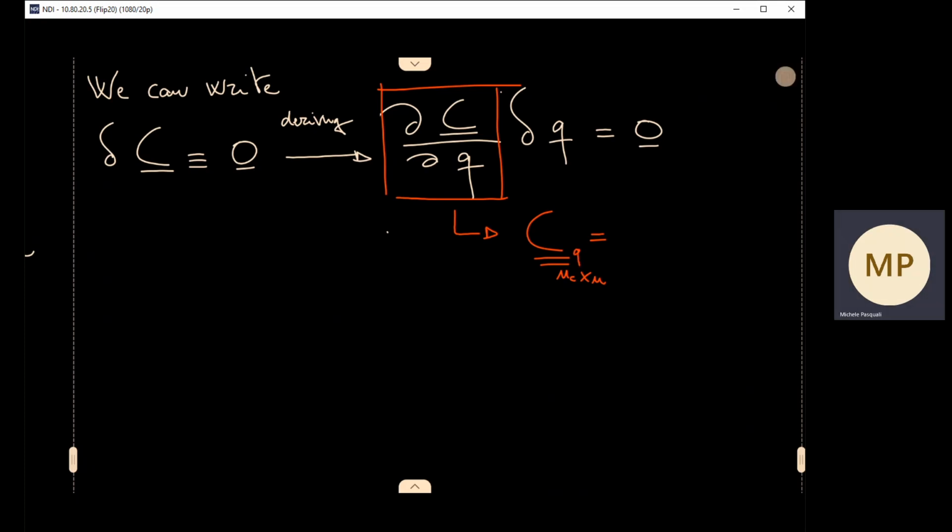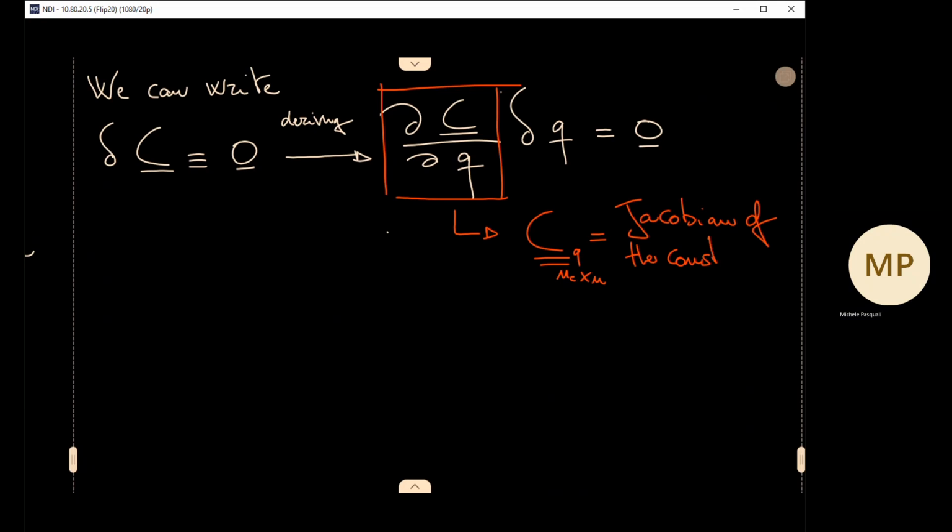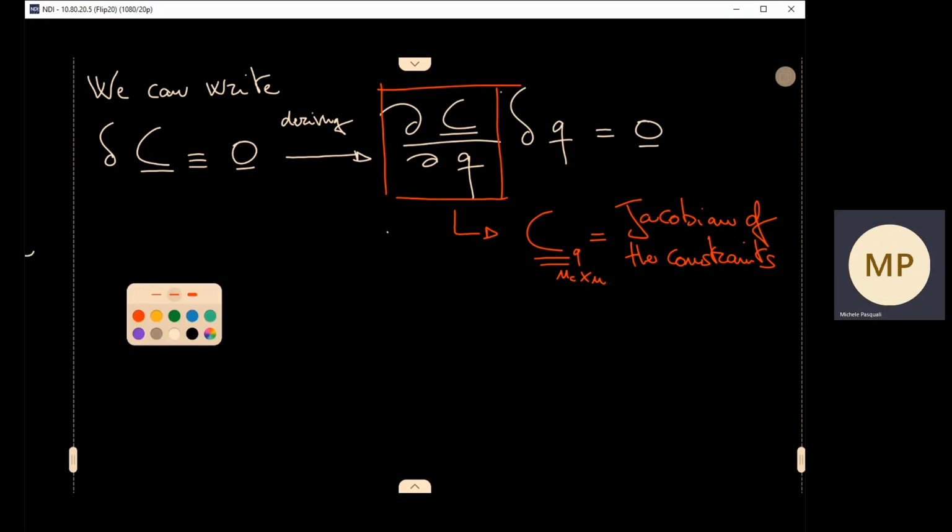It's a matrix. We call it the Jacobian of the constraints. And this has a form, and then we are basically done.